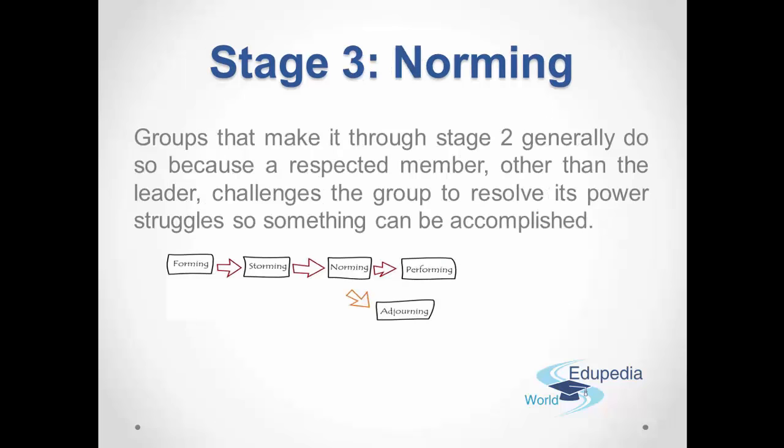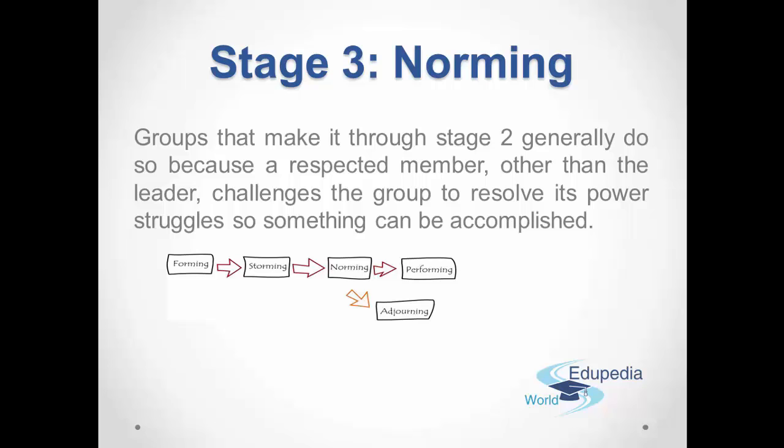Norming. Groups that make it through stage 2 generally do so because a respected member, other than the leader, challenges the group to resolve its power struggles so that something can be accomplished. Questions about authority and power are resolved through unemotional, matter-of-fact group discussion.